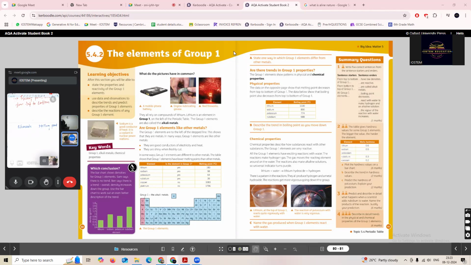So the elements are first lithium, then sodium, which is Na. Where do we use lithium, Lohit? In phones, yes, in batteries.